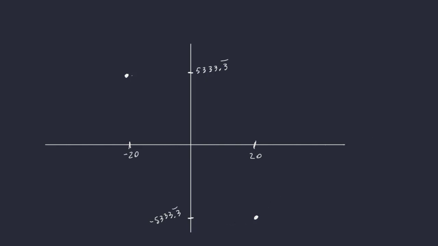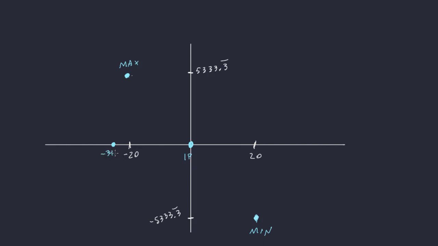Okay, so here is our max. That's the maximum we found. Here's our min. Okay. And then we also found the point 0, 0, which was our inflection point. And then we found some x-intercepts, right?